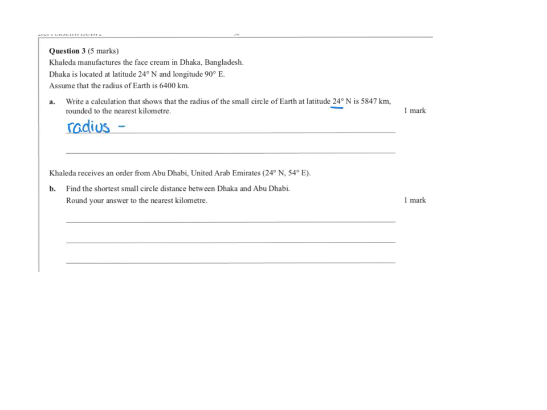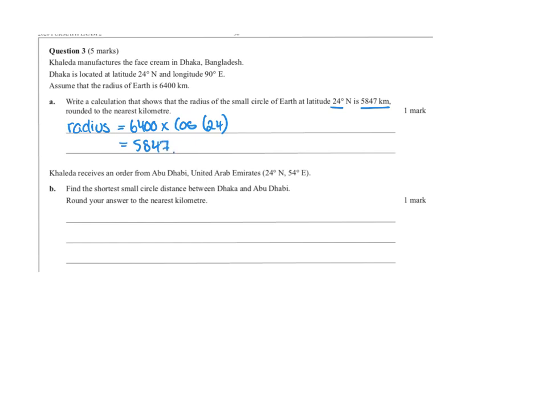We said radius equals 6400 times cos the angle of latitude, which is 24. So you just do that, and it says to show that it is 5847. So don't be silly, just write what they said it should be in case you stuff it up.